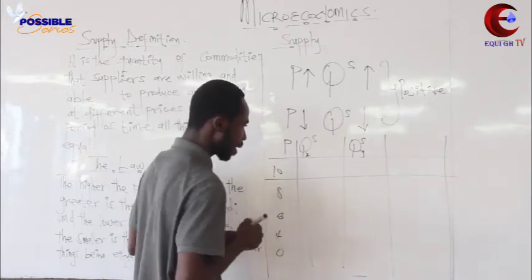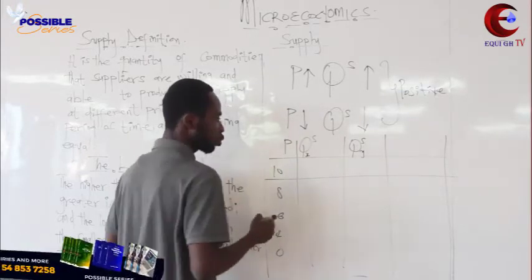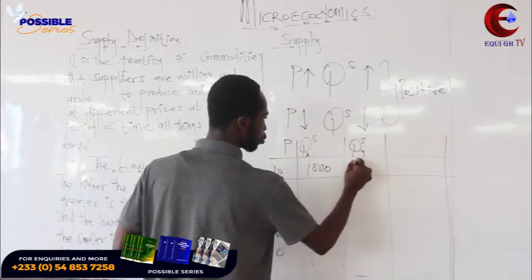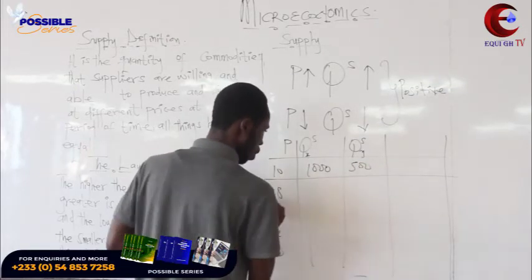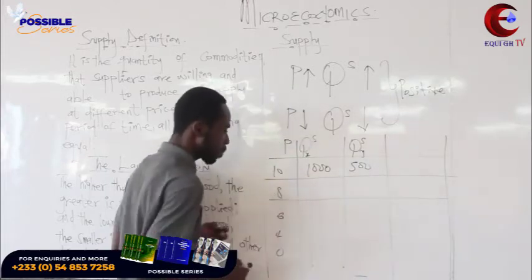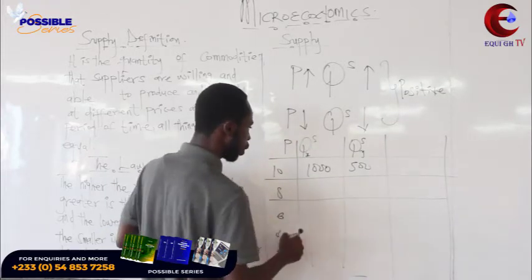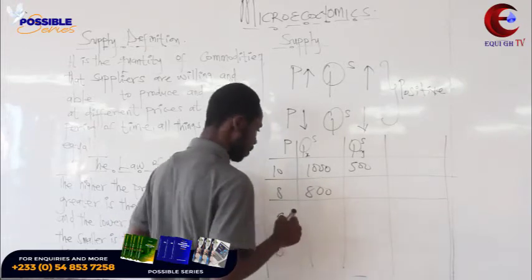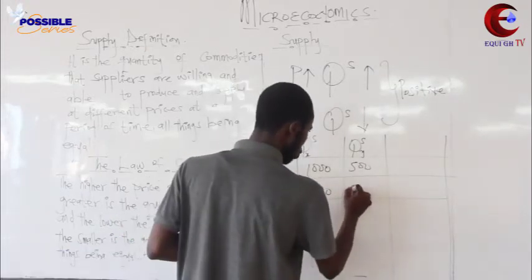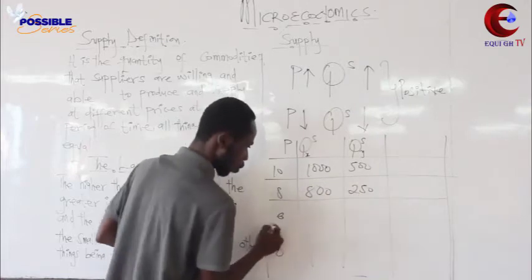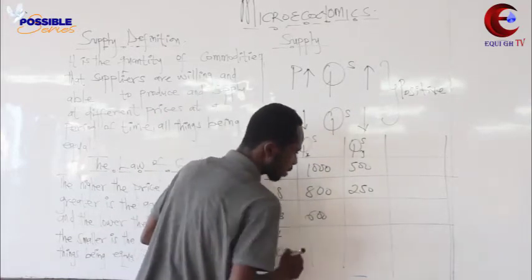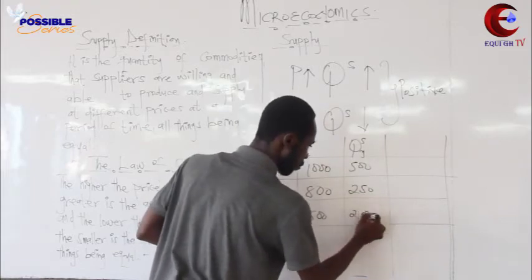When price is 10 Ghana cedis, they are willing to supply 1,000 units here, and these people are willing to supply 500 units. When the price came down to 8 Ghana cedis, these people are willing to supply 800 units, and over here, 250. When the price came down to 6 Ghana cedis, they are willing to supply 600, and these people 200.